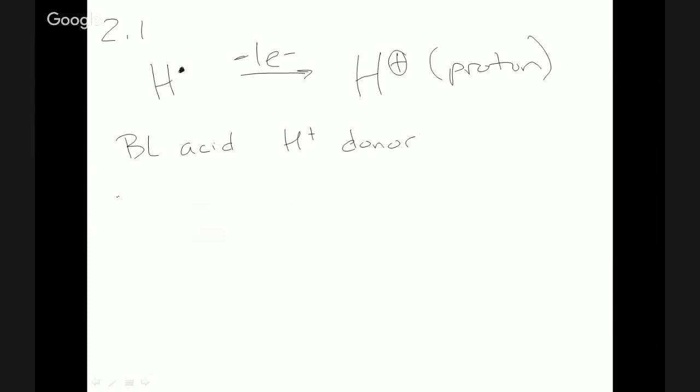So a Bronsted-Lowry base is just the opposite. It's the acceptor. And this definition is far more useful than Arrhenius. An acid has to have a hydrogen atom on it, and a Bronsted-Lowry base must have an available electron pair.